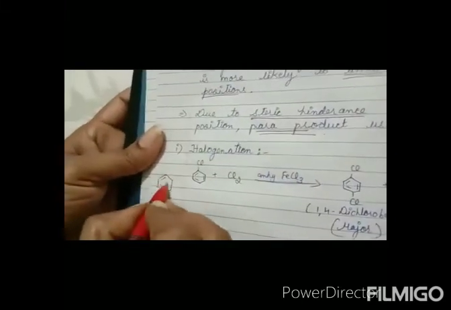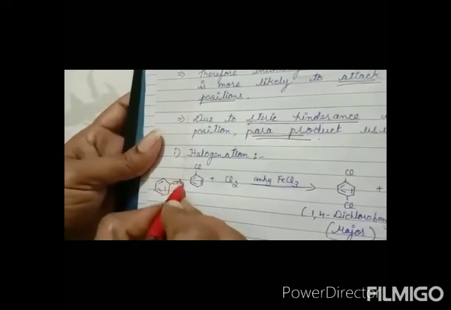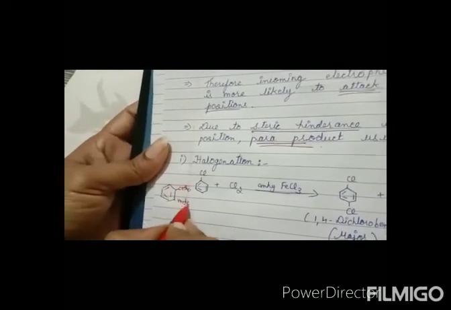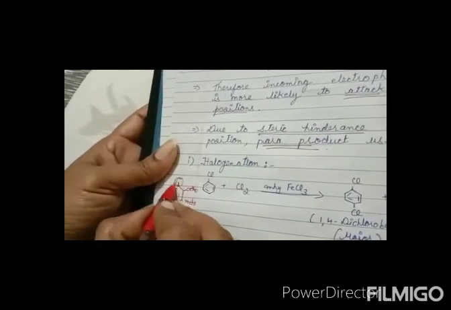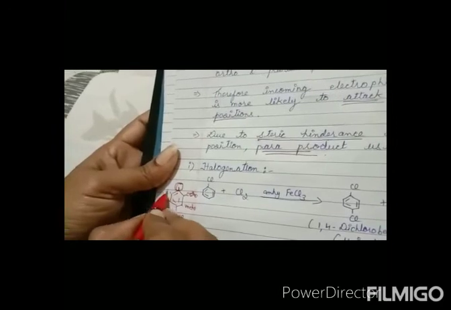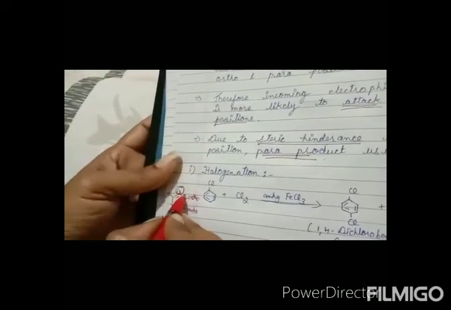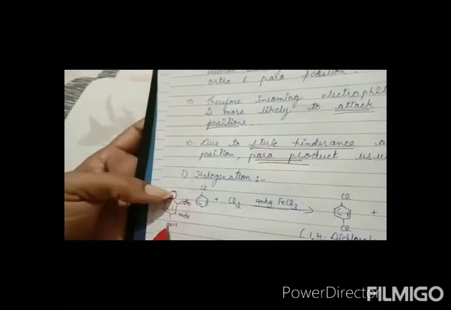How does it take place? We know that here in this benzene structure, we have this as our ortho position, meta position and para position. Now when we have our functional group present, towards the ortho position there is a steric hindrance, and therefore the substitution at para position mostly predominates.